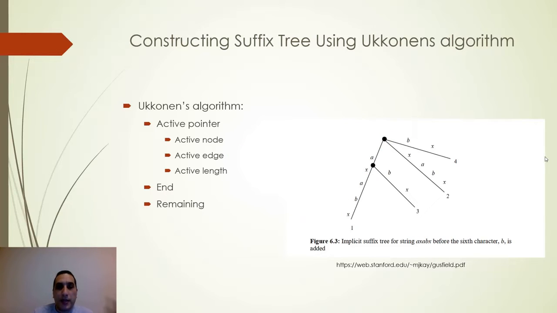On the other hand, the end variable specifies the position of the last character that's been processed by the algorithm in the string. So for example, if the last character being processed is the character X, then since the position starts at 0 with A, X is going to have the position number 1, and therefore end is going to be equal to 1.